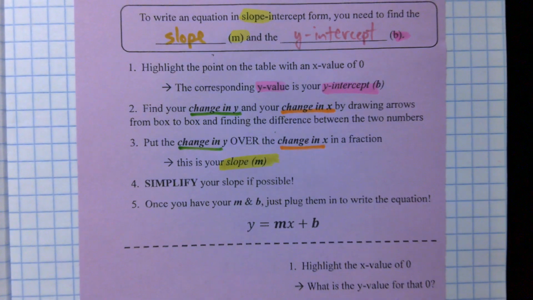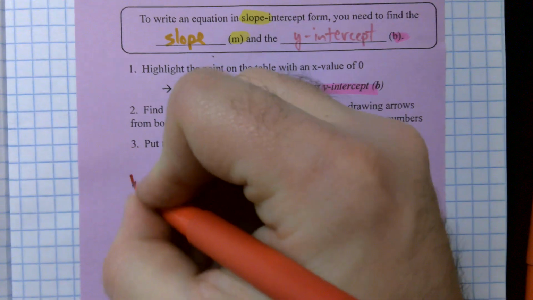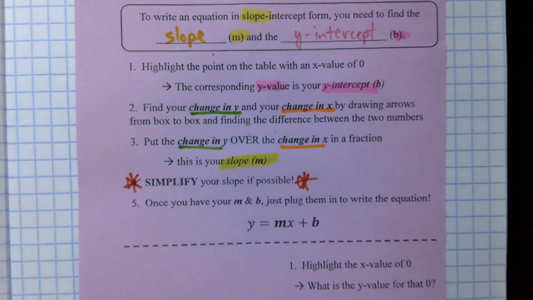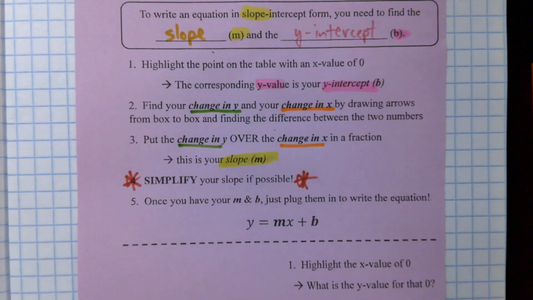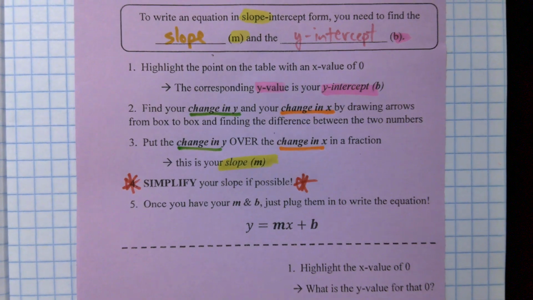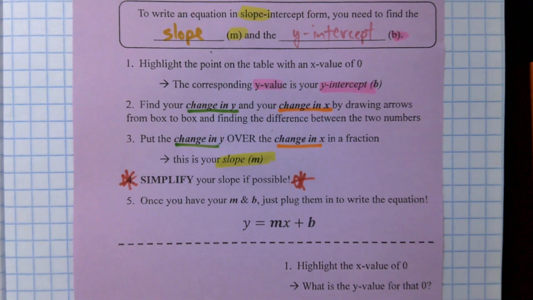Now, anytime I set up a slope fraction, I've got to do this very important step, which is simplify. Again, that's another big point missed out on the test because we didn't simplify our slope fractions. If I have -4/2, I got to simplify it. All right? If I got 6/8, I got to simplify it as much as I can.